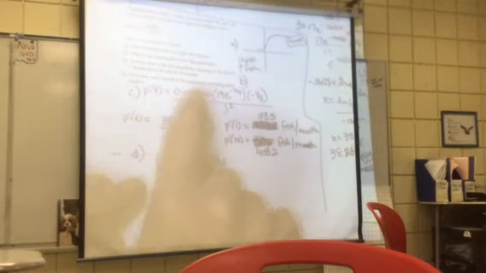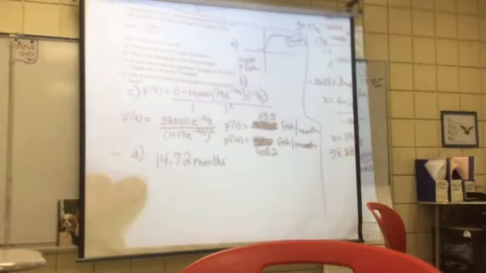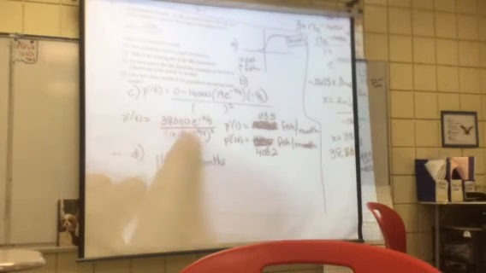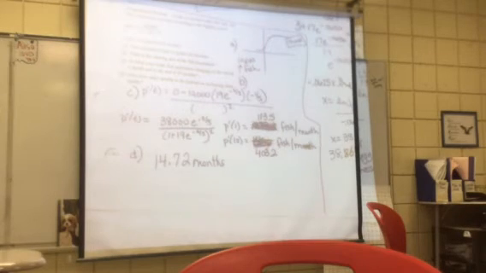After how many months is the population increasing most rapidly? So again, that means you would find your derivative, which we've already done, and now find the maximum of that derivative. And that occurs at 14.72 months.